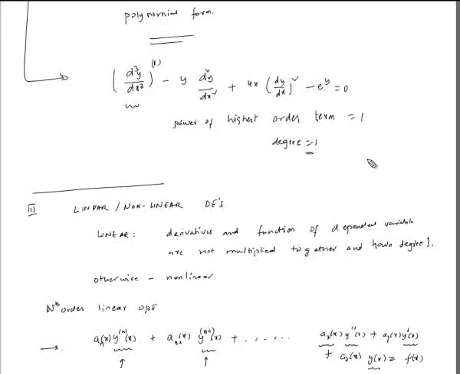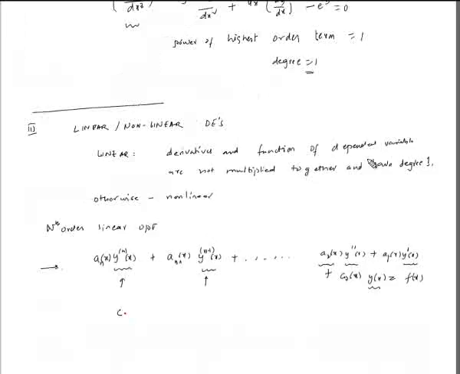Another way: given an ODE, you have to find out whether it's linear or non-linear. The other way of looking is, multiply the y of x term with c of x. Keep y of x as c of x, and now if you are able to remove c common throughout, then that becomes a linear equation.